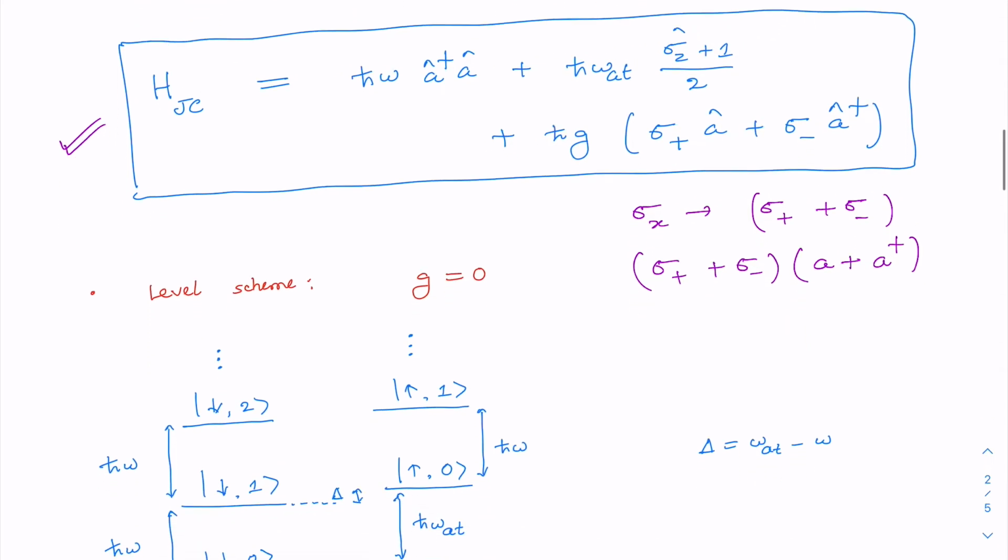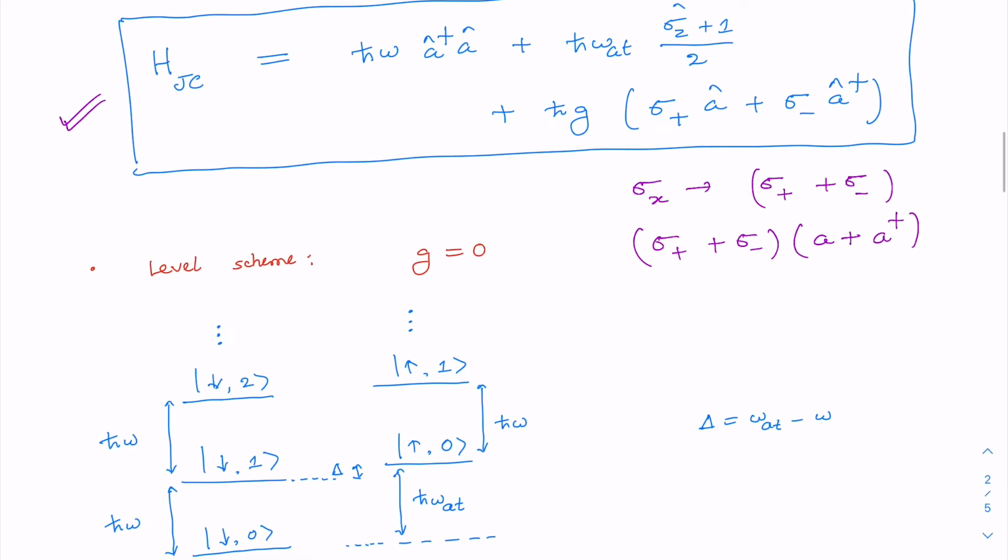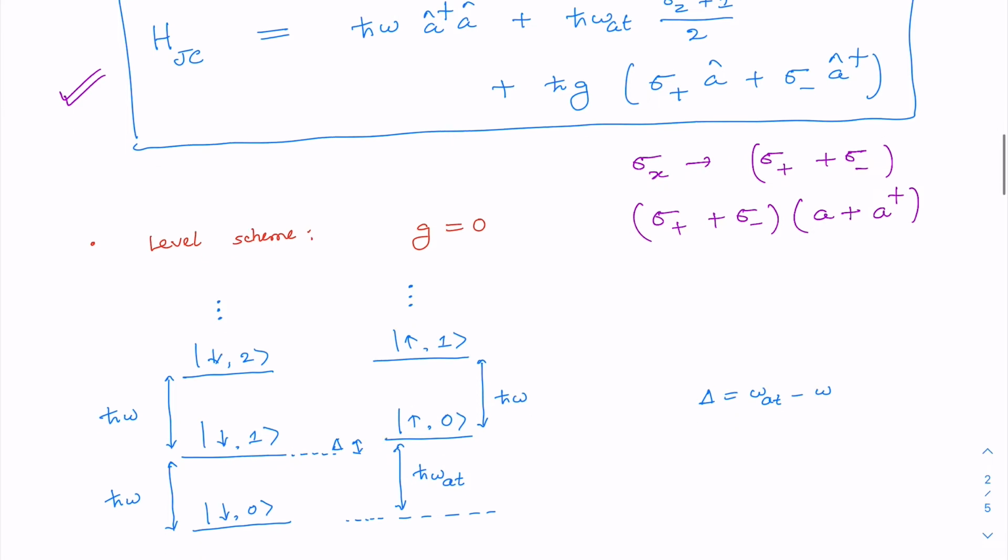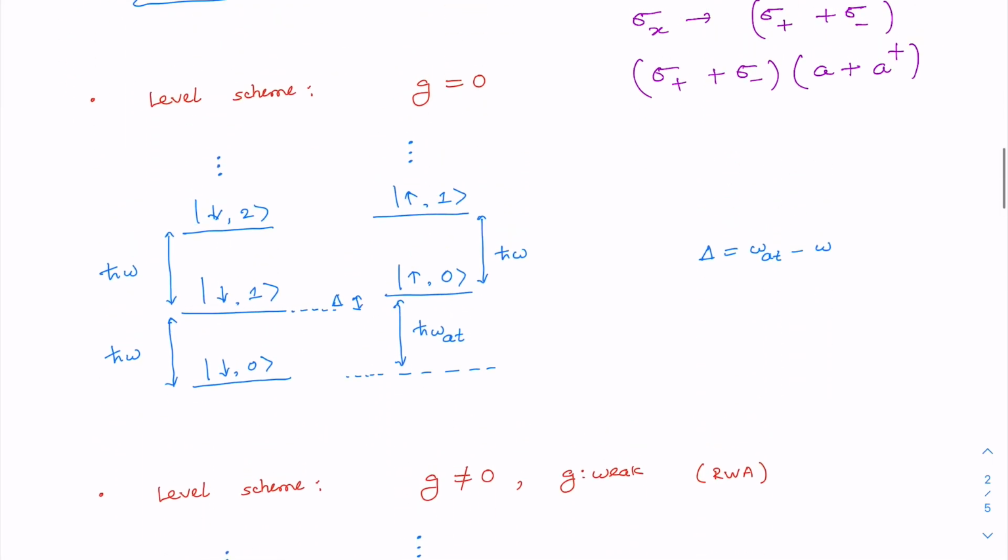Now the level scheme based on this RWA Jaynes-Cummings model we discussed. Here, when the coupling is 0, we can have two kinds of harmonic oscillator ladders, depending on whether the atom is in the ground state or in the excited state, and the number of photons in the field mode. And we encountered an important parameter called the detuning parameter.